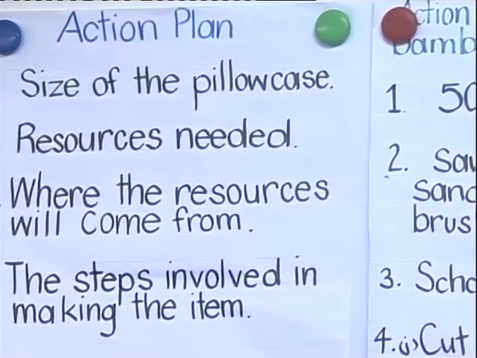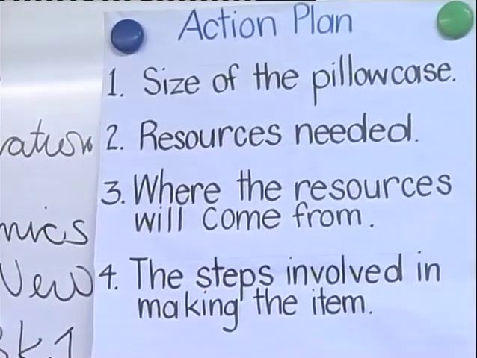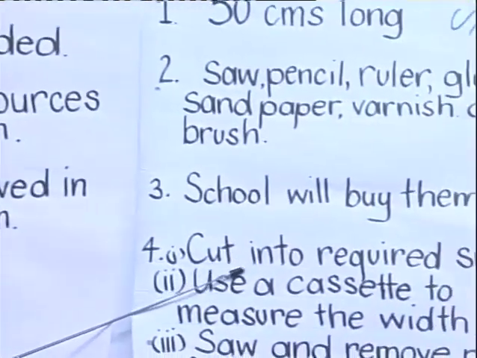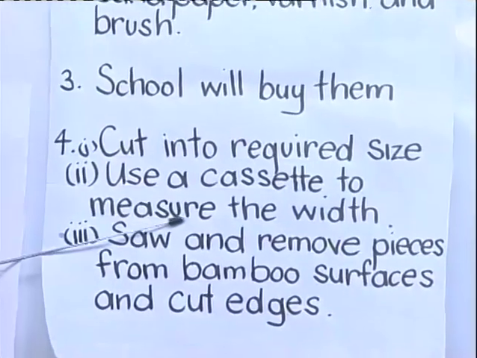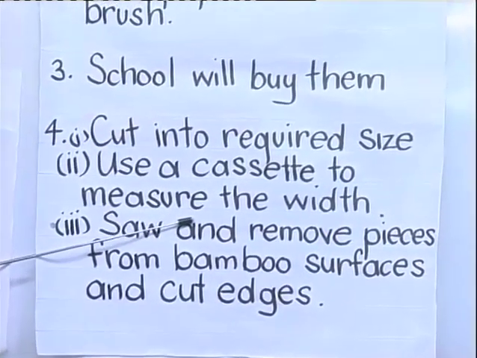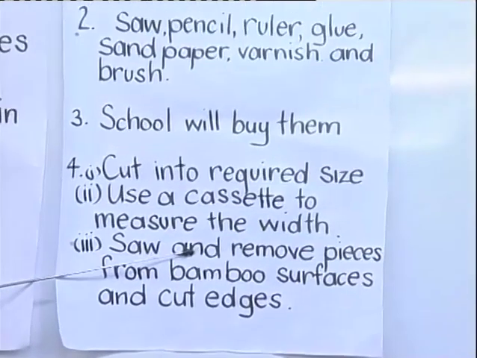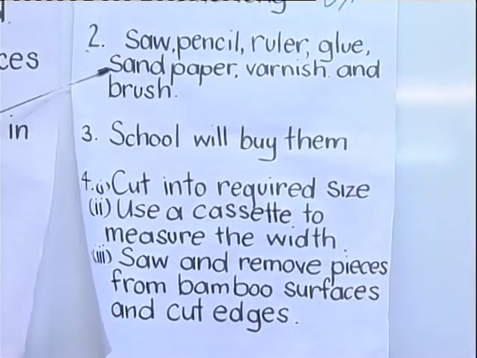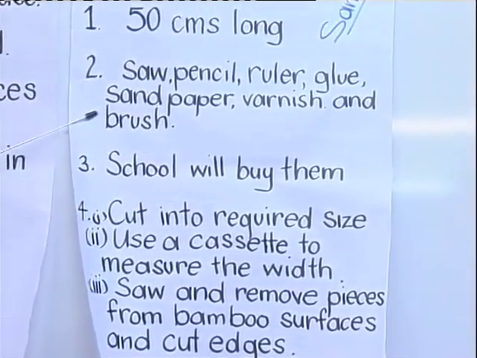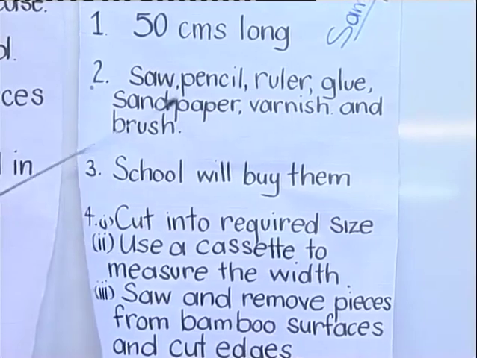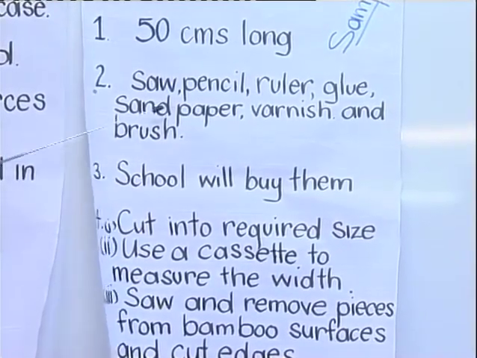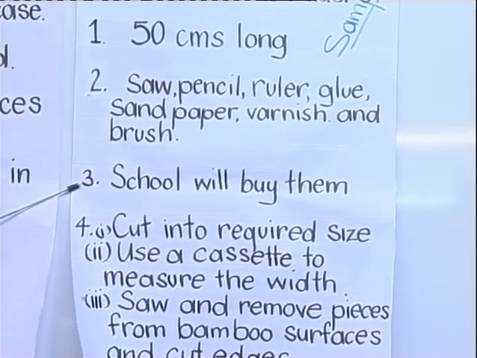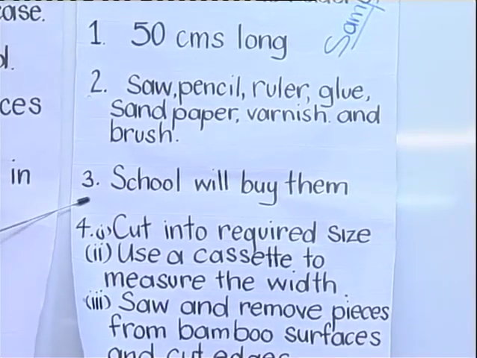Now, I have a sample to help you. Here it says, sample action plan to make a bamboo cassette holder. One, size of a bamboo cassette holder is 50 centimeters long. Second, resources needed. You see all the resources. There are some more, but these are some examples. 3, where the resources will come from.